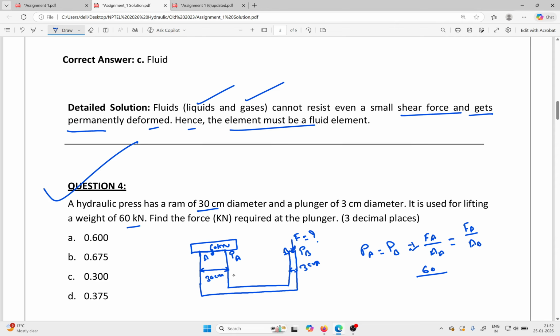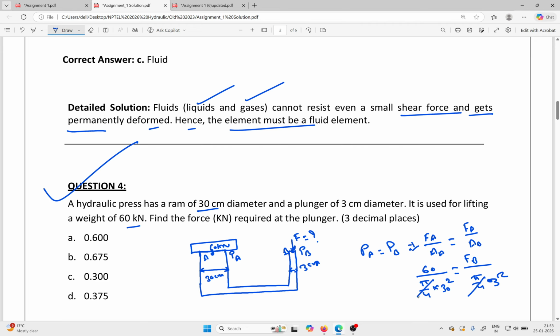You need to calculate the answer in kilonewton, so I'll keep it all in kilonewton and centimeter. 30 is the diameter, so pi by 4 into 30 square. The force at B you need to calculate, and the area is pi by 4 into 3 square, in centimeter.